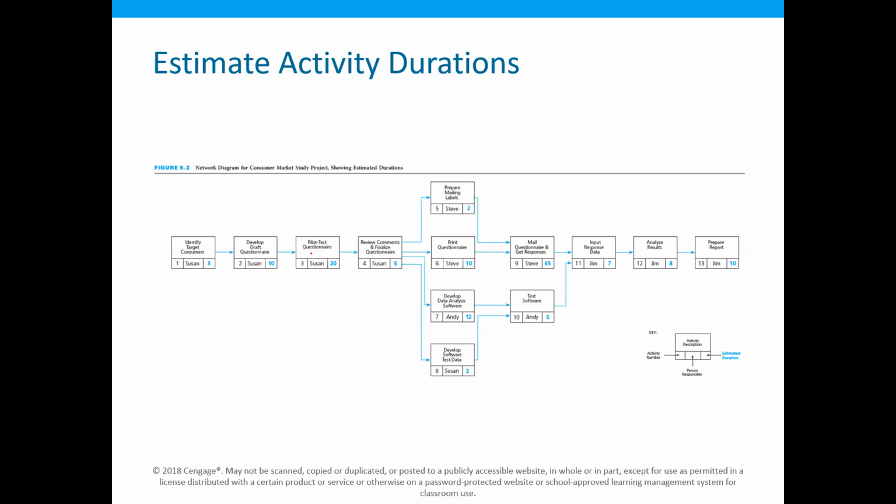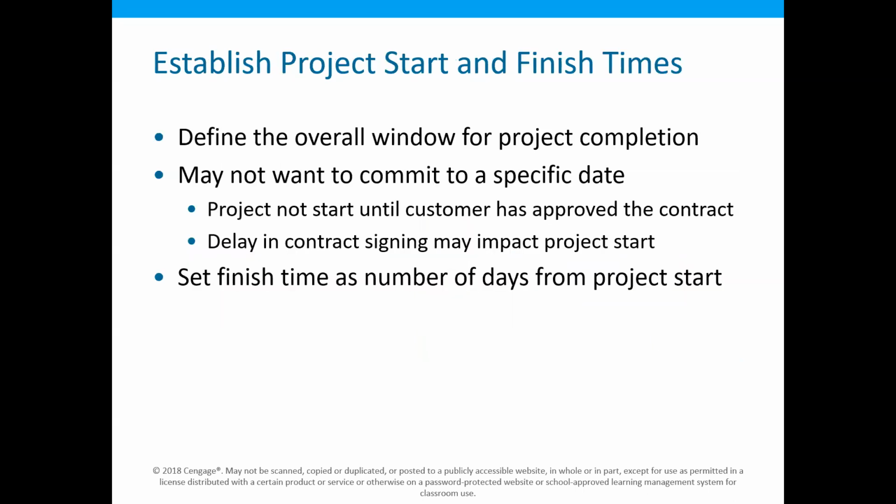So from one project to another project, or within a project, we will have different activities, different types of work. And then we have to consider each one of them to estimate the duration of the tasks or activities. So estimating the activity duration is the first thing, and then we can further perform the calculation.